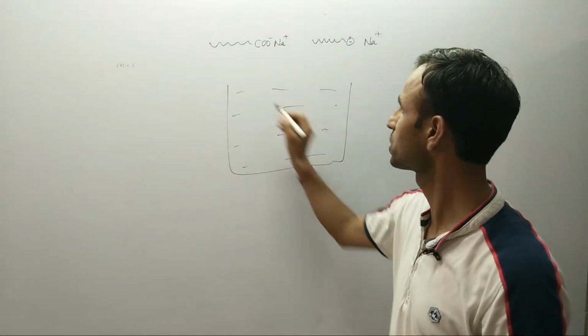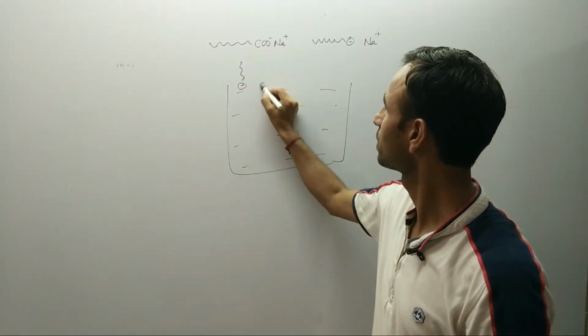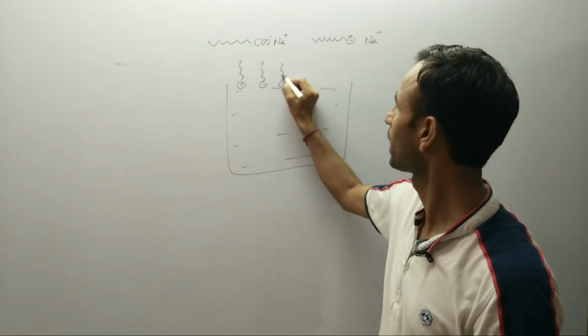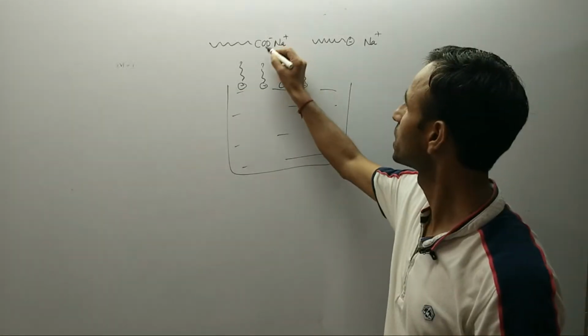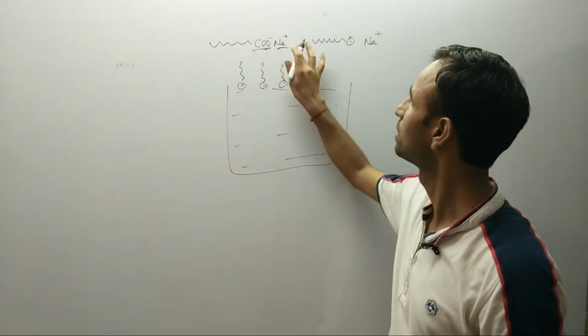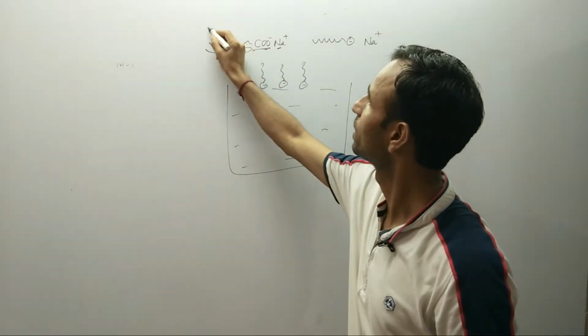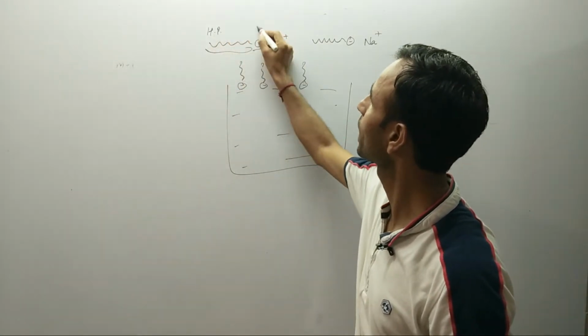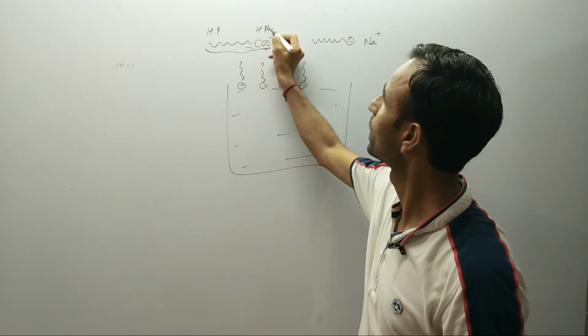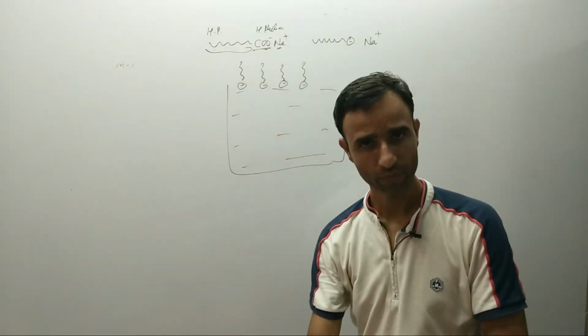If concentration is low, then they are on the surface only like this, because this is the hydrophilic part and this is the hydrophobic part.